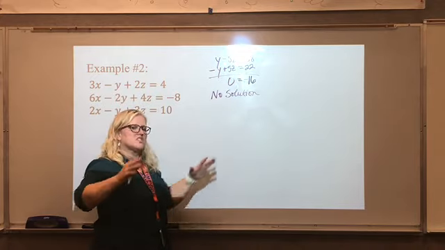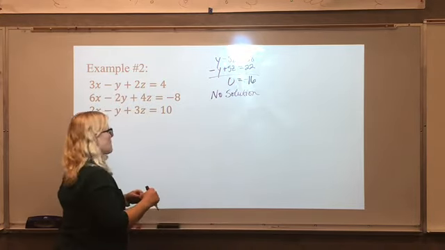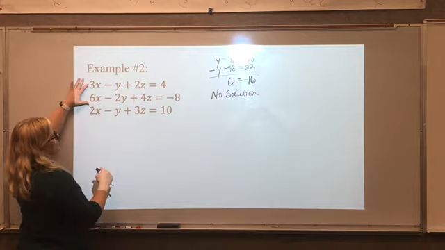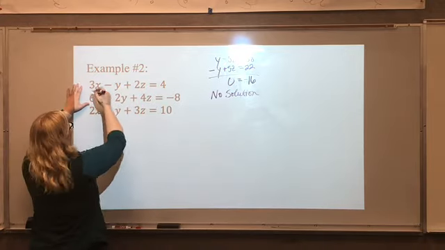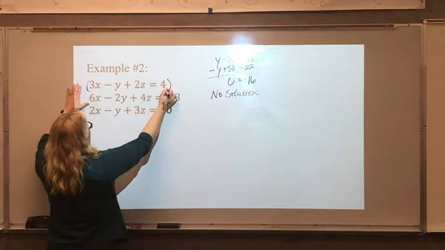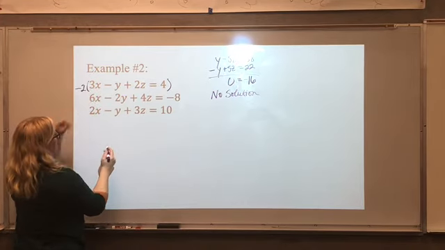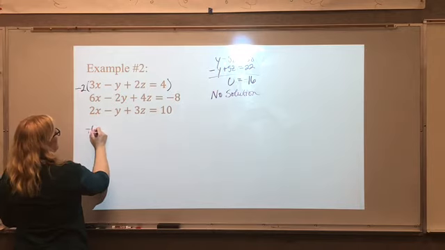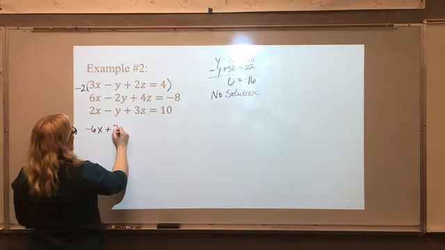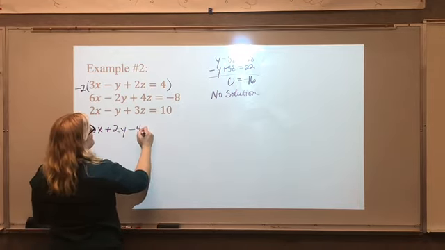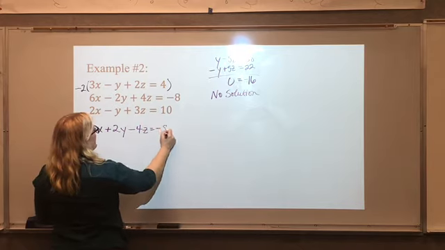So let's start this problem over. This time I'm going to use these two equations. I'm going to multiply the top equation by a negative 2 so that we cancel out these x's. So I have a negative 6x plus a 2y minus 4z equals negative 8.